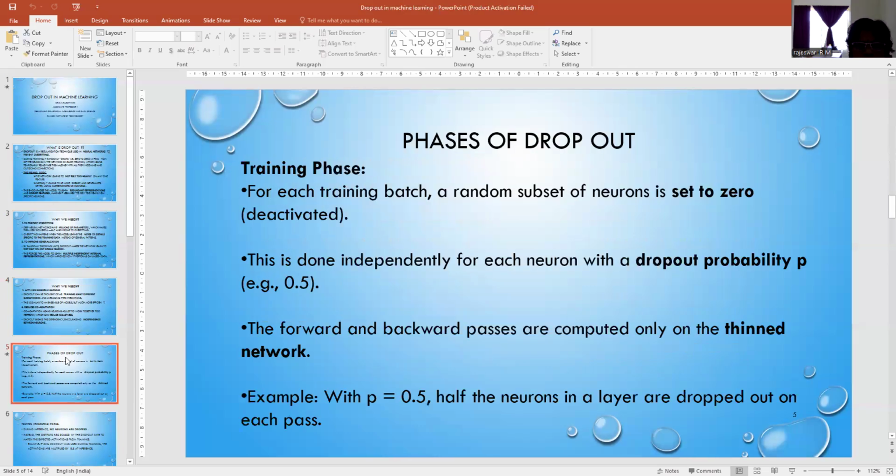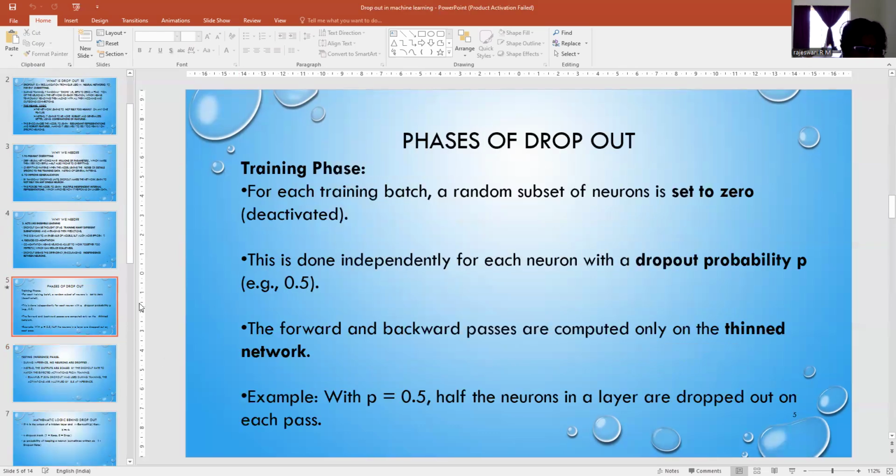Next is the phases of dropout. There are two phases: a training phase and a testing phase. The testing phase is also called the inference phase. In the training phase, for each training batch, a random subset of the neurons is set to zero.